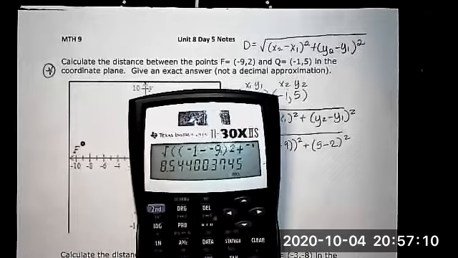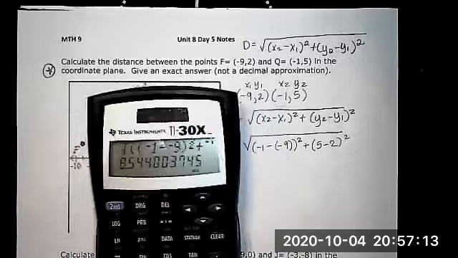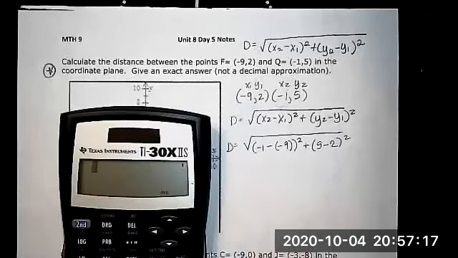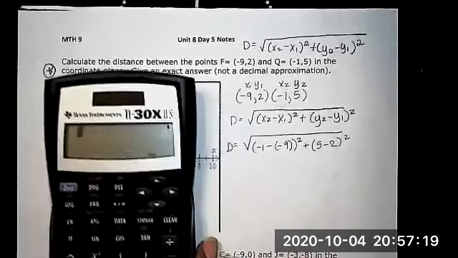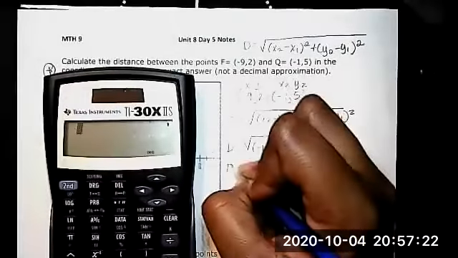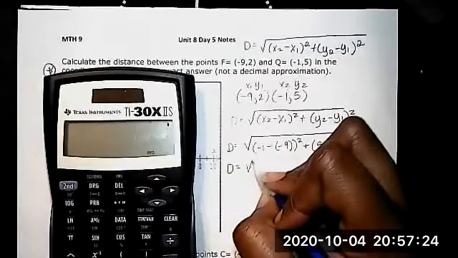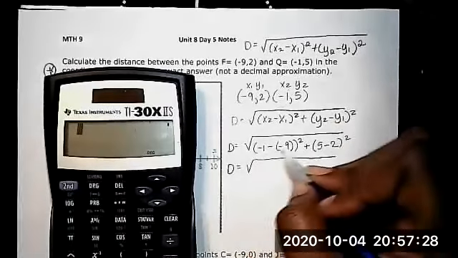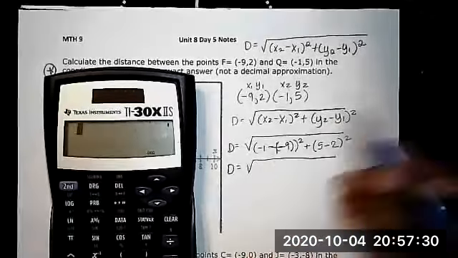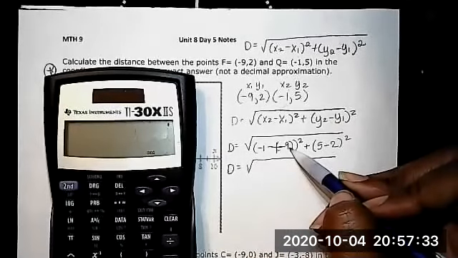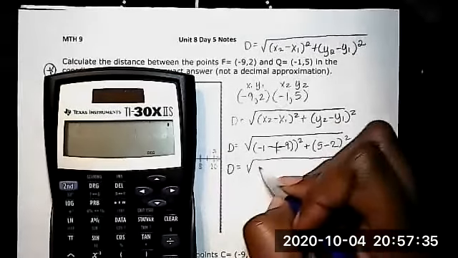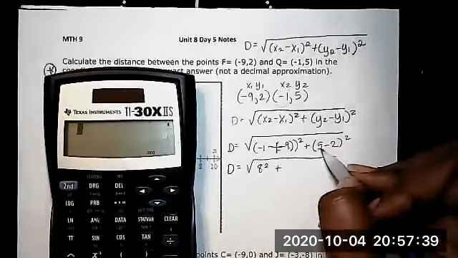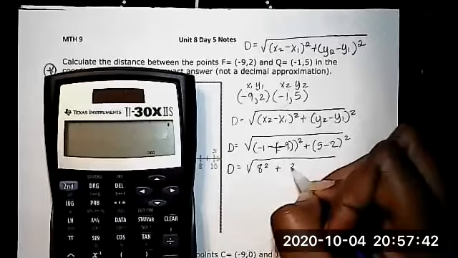The problem says give an exact answer, not approximation. What does that mean? It doesn't want a decimal, okay? So let's do it by hand. As you see, the answer came out to be a little decimal. We don't like that. So we're going to do basically negative 1 plus 9, which is 8. 8 squared plus 5 minus 2, which is 3 squared.